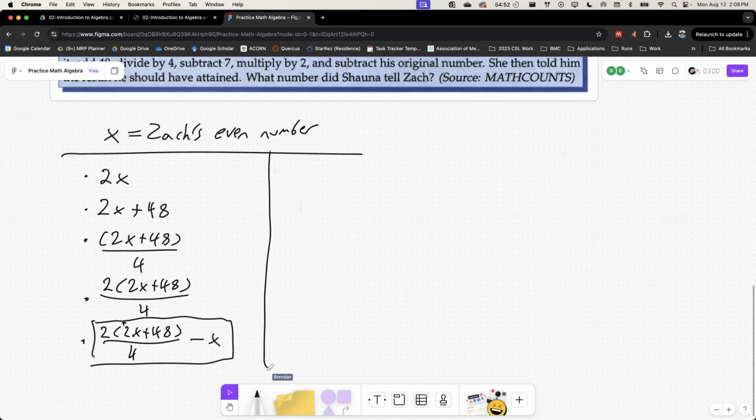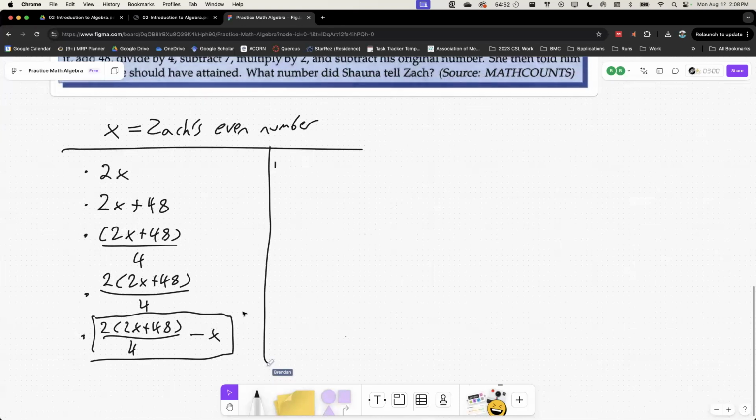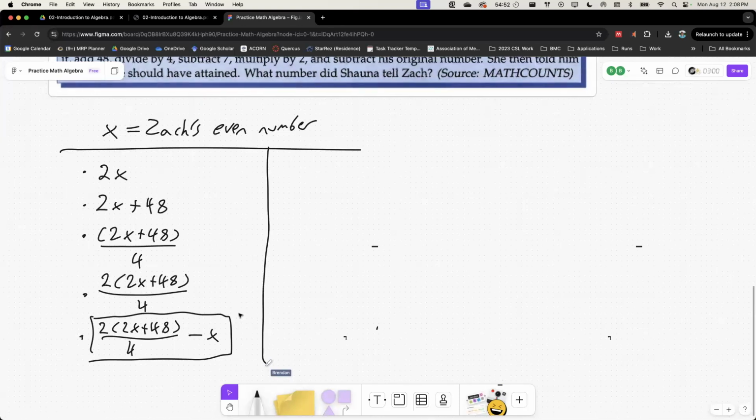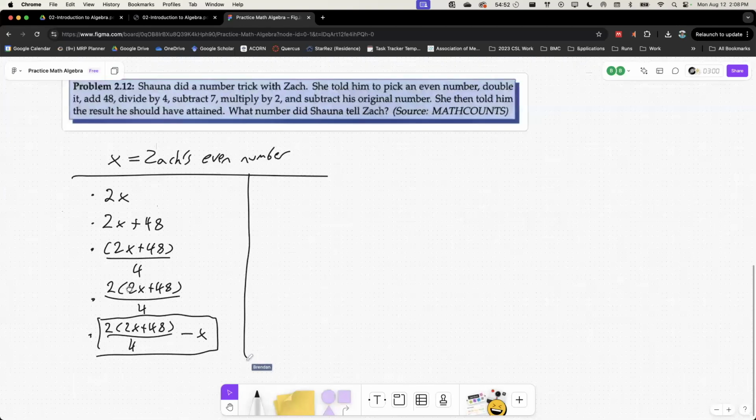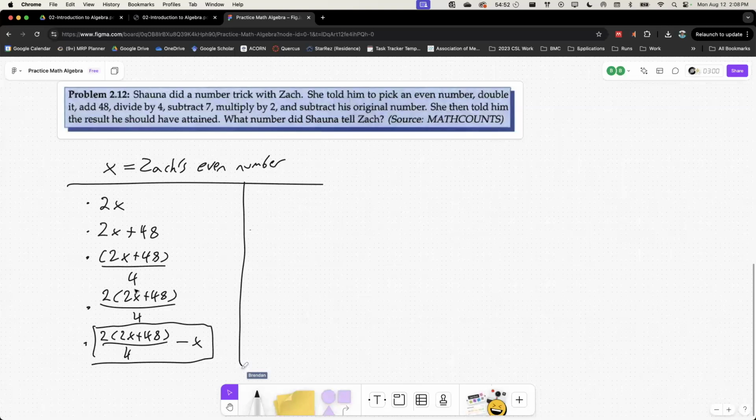So we have a fraction at the end that is 2 over 4 times (2x plus 48), and then minus x in the end. Now what we need to do is take together the distributive properties and everything that we've been learning so far to figure out what number she told Zach.